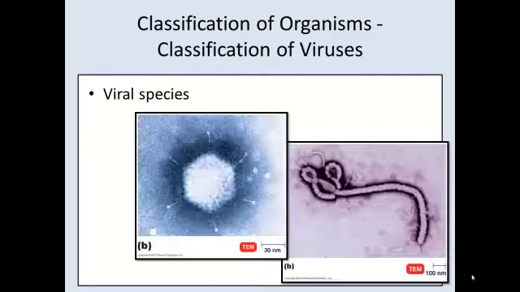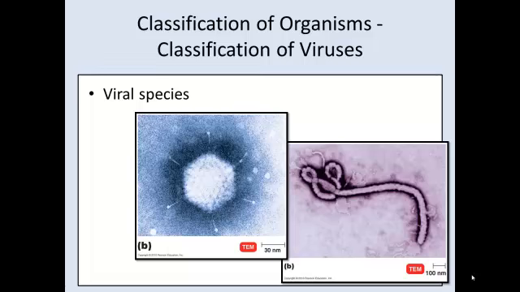Now, when we get to viruses, it's even more tricky, because not only do they not engage in sexual reproduction, they don't even reproduce by themselves. And so we're still trying to decide whether they're alive, but they have genetic information and there is relatedness shown between them. So a viral species is defined as a group of viruses that have the same shape, same morphology, the same genetic composition, either DNA or RNA, and they occupy a similar ecological niche.